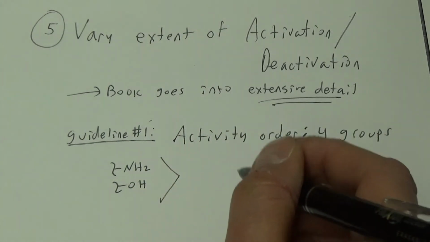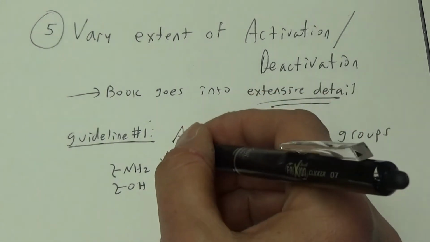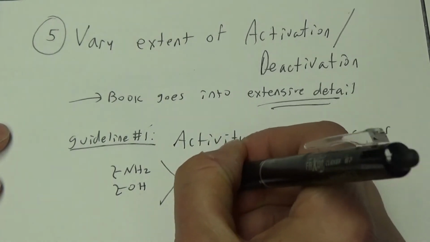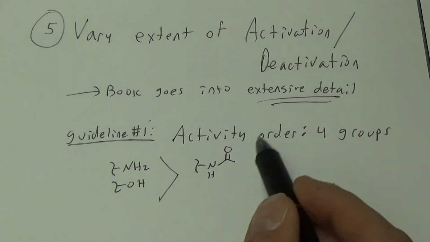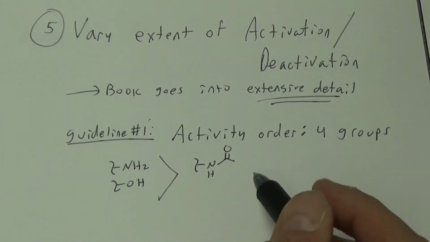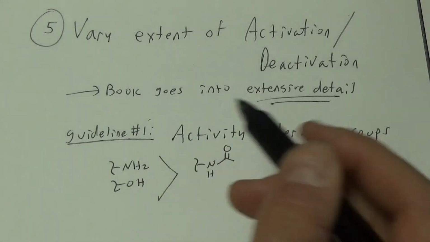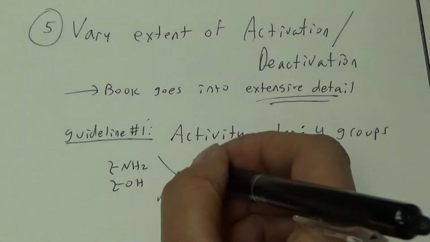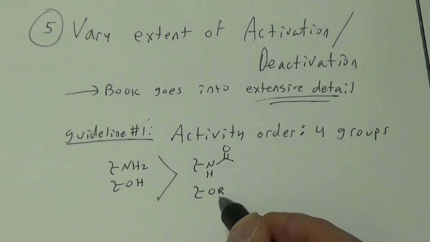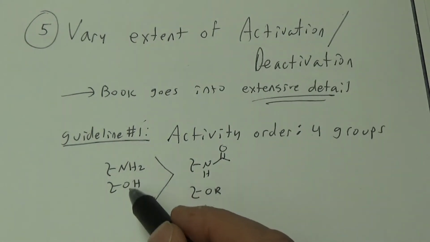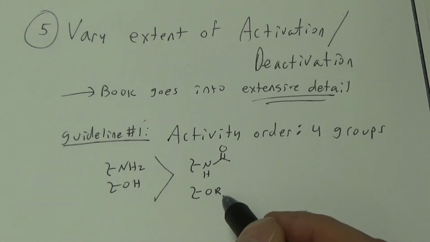The next level of activity are things like NH with an amide on it. If you're doing flashcards, this might be a good flashcard. Maybe each of these guidelines will be good flashcards. And then ether, like OCH3 or something. So OH and NH2 are super active.